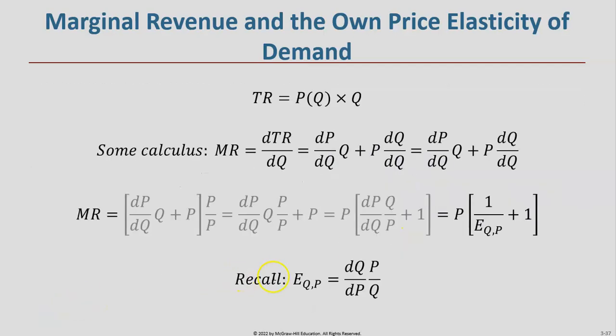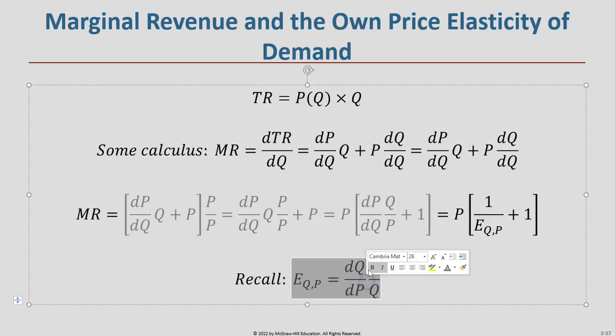And so since, if you recall, own price elasticity is dQ/dP times P over Q, then this first term in the bracket is the inverse of elasticity. Okay, so in this last expression, I've just inverted: 1 divided by the own price elasticity plus 1, all in brackets, times P.